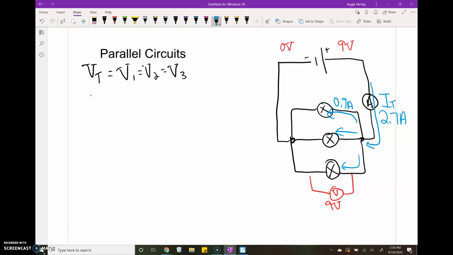And so you should have seen that the total current, 2.7, was equal to the current through each of the light bulbs added together. And that makes sense. Just like if you have a big river that splits off into smaller rivers, some of the current will go down one path and some will go down another path, but the total water will still add up to how much water was going through the big river.